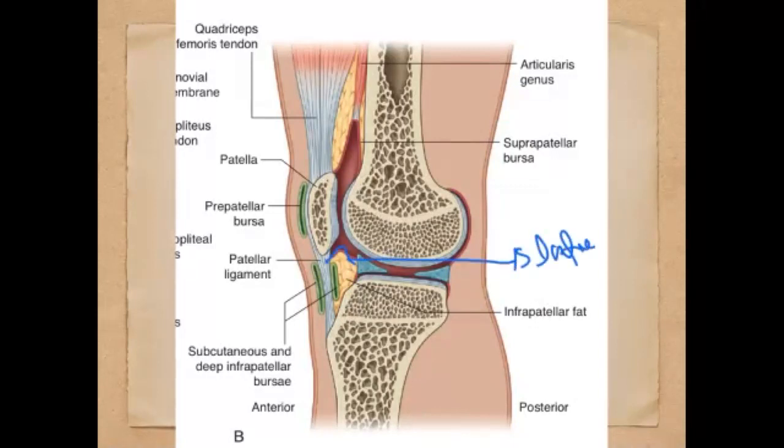That is the infrapatellar synovial fold. Observe that. So there is an acute invagination into the joint cavity. You have to do that.